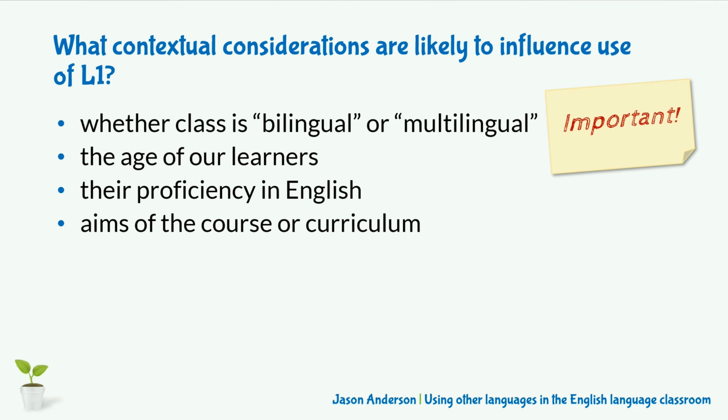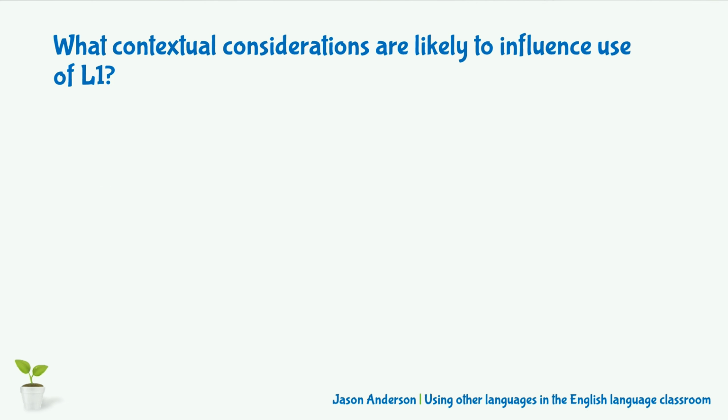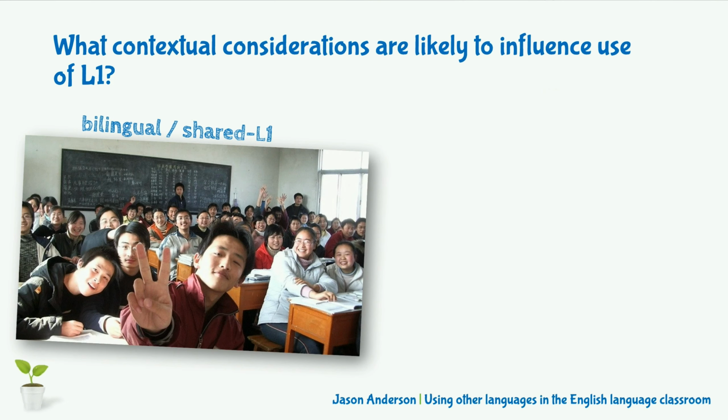In bilingual classes, one other language is shared by most, if not all, of the learners, and can be used effectively as an alternative to English in a range of ways, including by the teacher, providing, of course, that they also share this language.